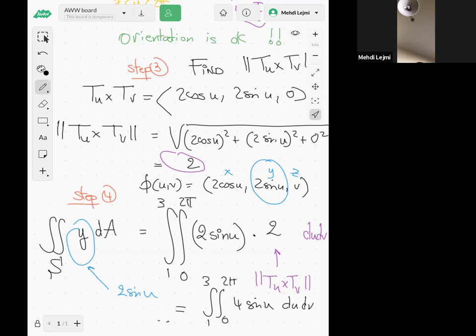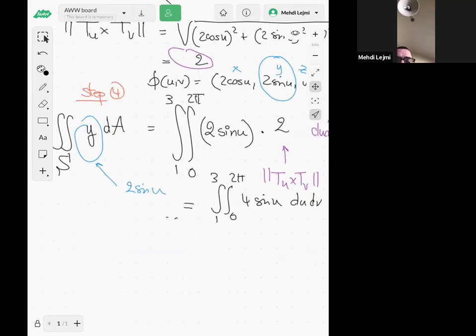Is there any other question about this first part, about this scalar surface integral? As I said, in the scalar surface integral, the orientation doesn't matter, so it doesn't matter if you have the orientation required by the problem.